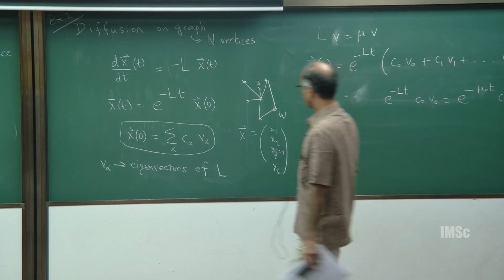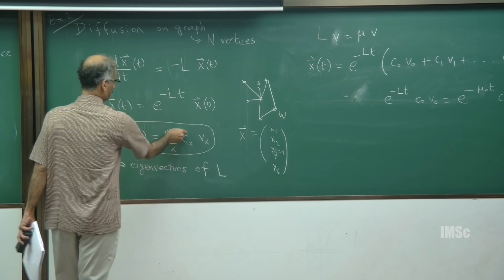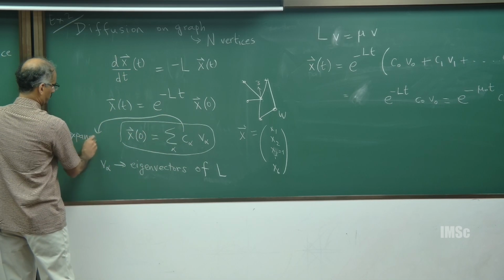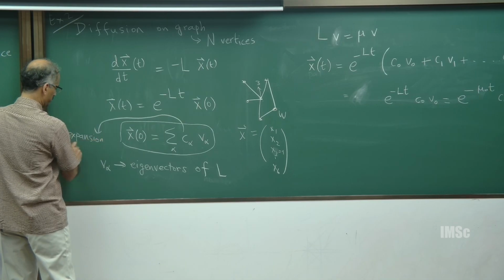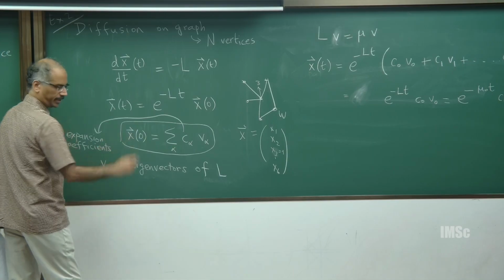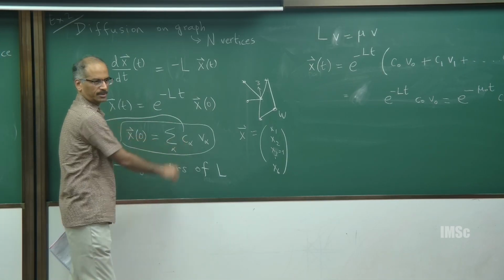C are expansion coefficients. They are all expansion coefficients which you do not know at this stage. You do not know what they are, but in principle you can find out if you want to.